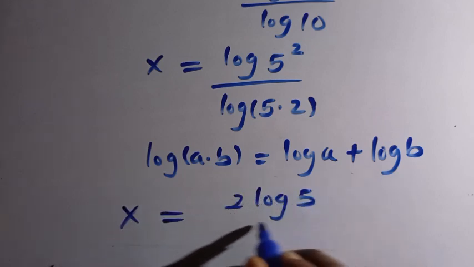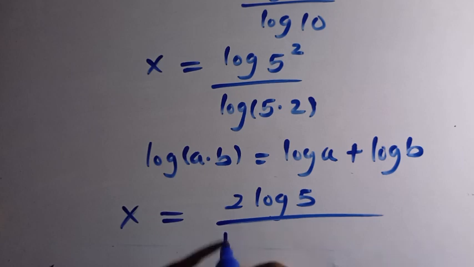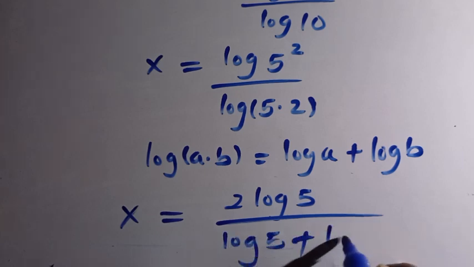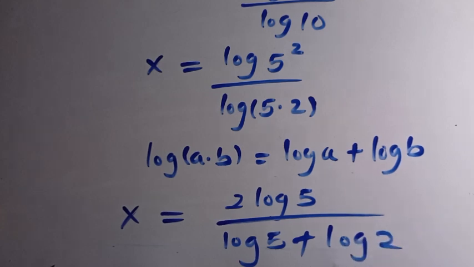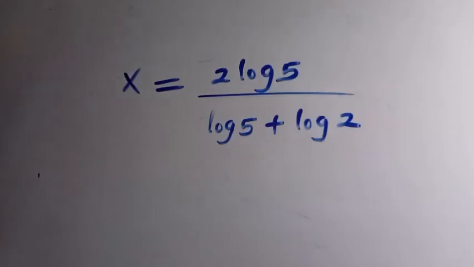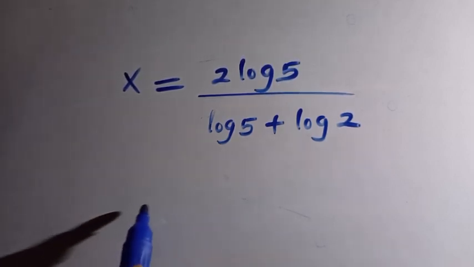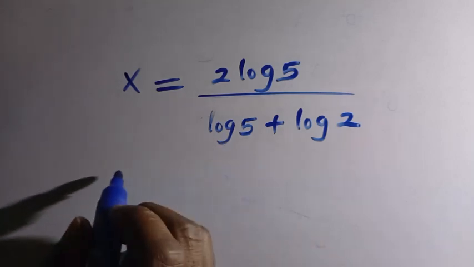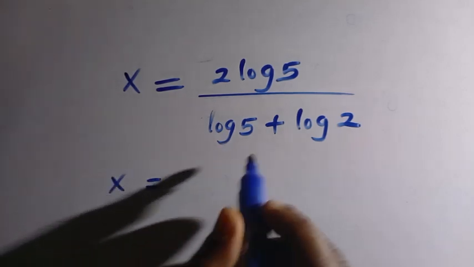2 log 5 divided by log 5 plus log 2. So in the next step, let's try to divide by log 5 from here.